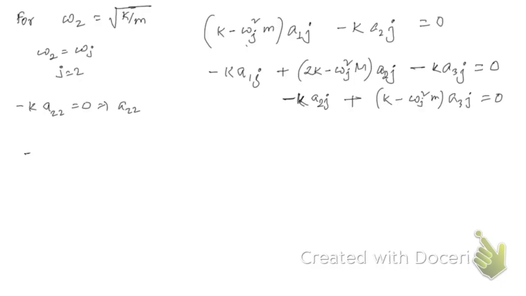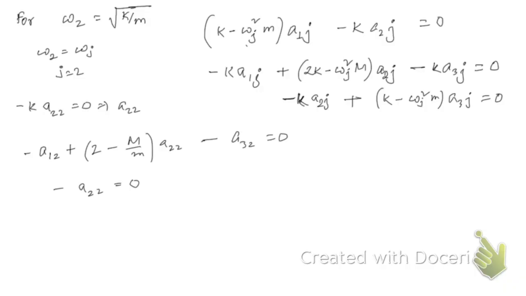Minus a12 after cancellation of k, plus 2 minus m by small m a22, then minus a32 is equal to 0, and the last one will be a22 is equal to 0.